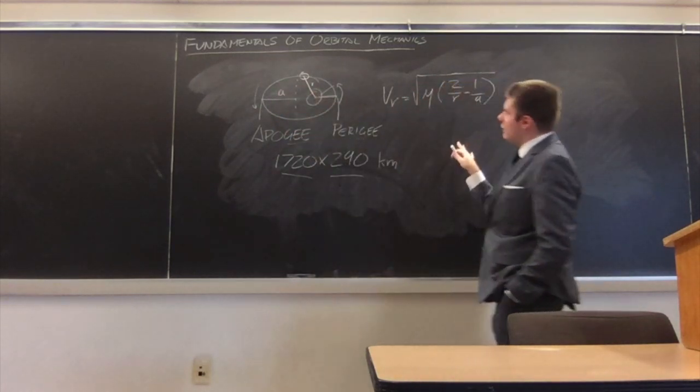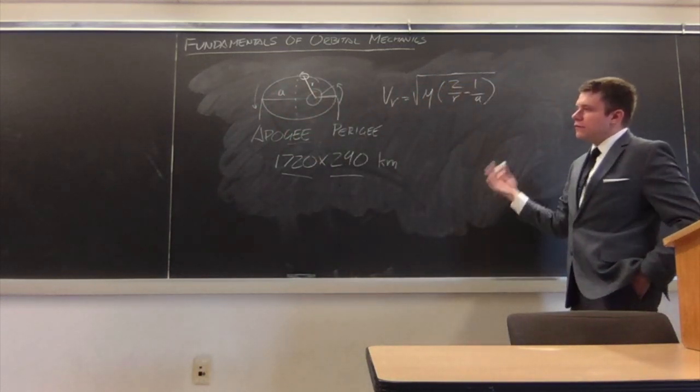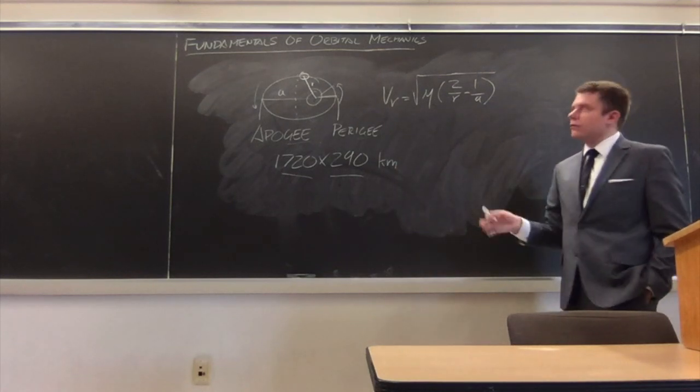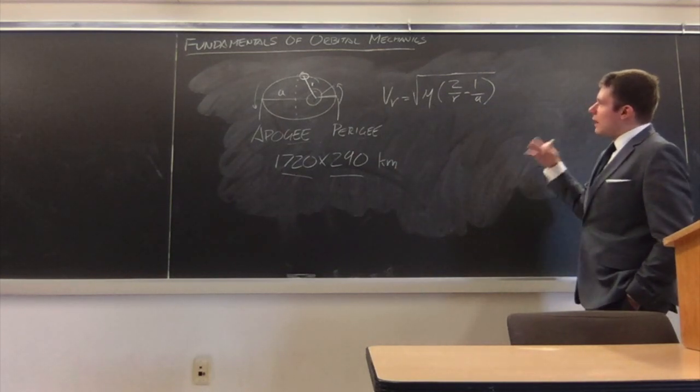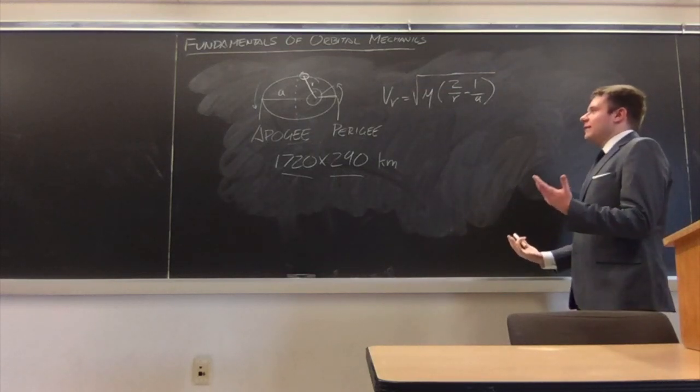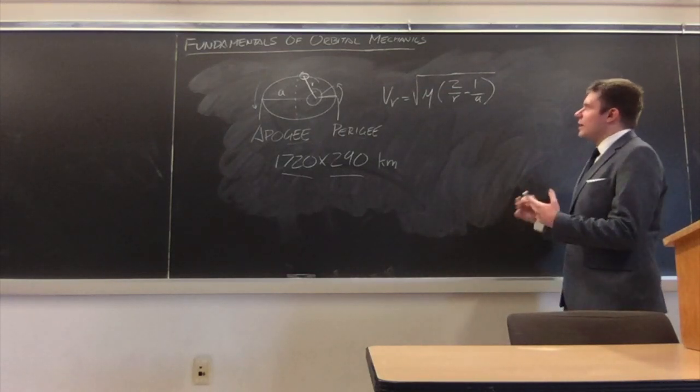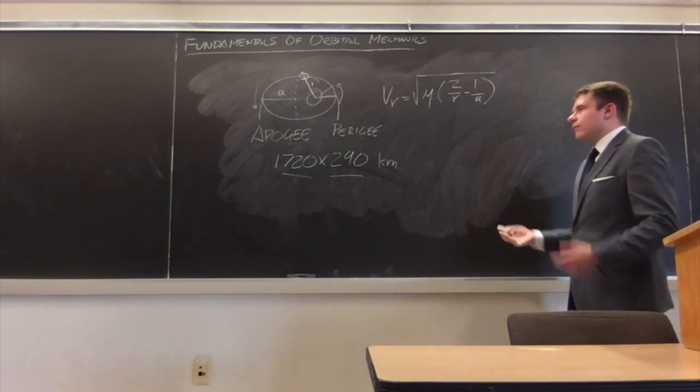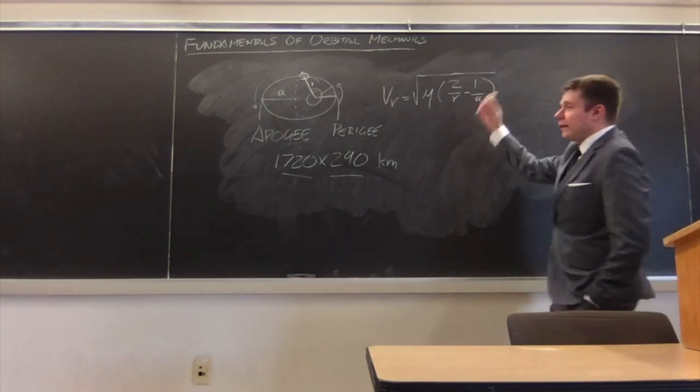And of course, you can see where v equals the square root of mu over r comes in, because at the point in which you're dealing with a circle, r is equal to a. So it becomes 2 over a minus 1 over a, and that just becomes 1 over a. I can just do it right here.